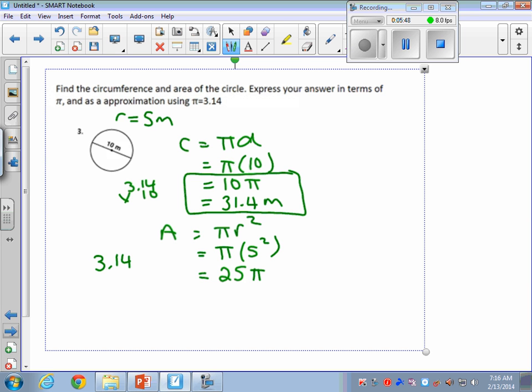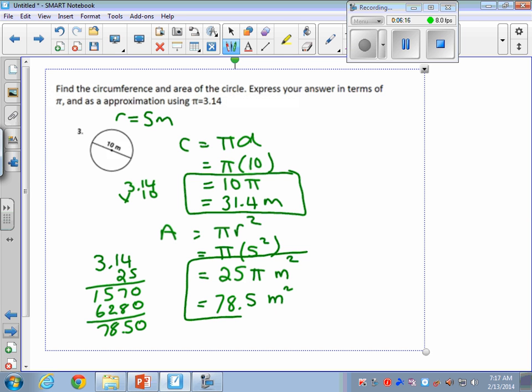So 3.14 times 25, two numbers after the decimal point, would equal 78.5, and our units in both of these cases are meters squared. All right, that's it.